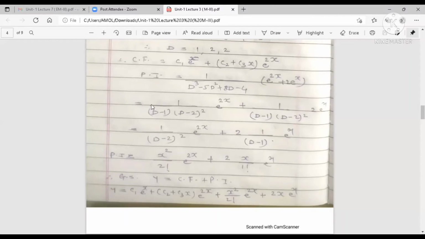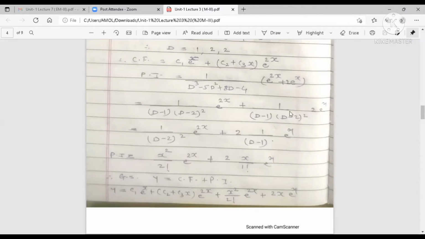So we can easily replace D by 2 there. But for this, you use that formula: 1 upon (D minus a) to the power r into e raised to ax. So first solve for D minus 1. Replace D by 2: 2 minus 1, 1.